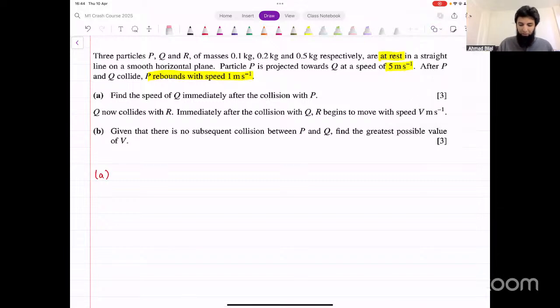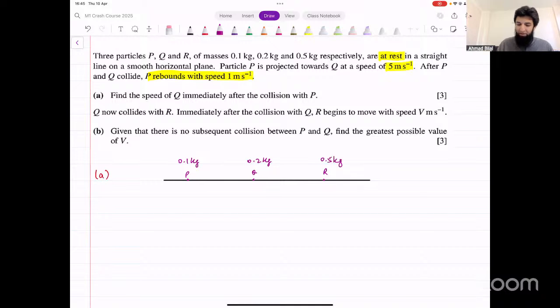It's a simple application of conservation of momentum. So what we can do is represent this situation in a diagram like this that helps with understanding. Let's say this is particle P. We have another particle Q, and another particle R. We've got their masses given: 0.1 kilogram, 0.2 kilograms, and 0.5 kilograms.